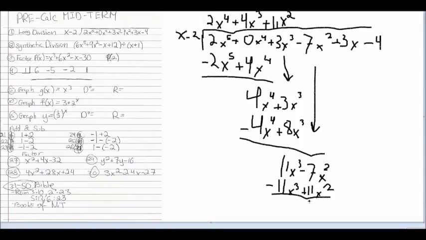Signs change. Negative 7 plus 22 becomes 15x squared. What can go into positive 4x squared?